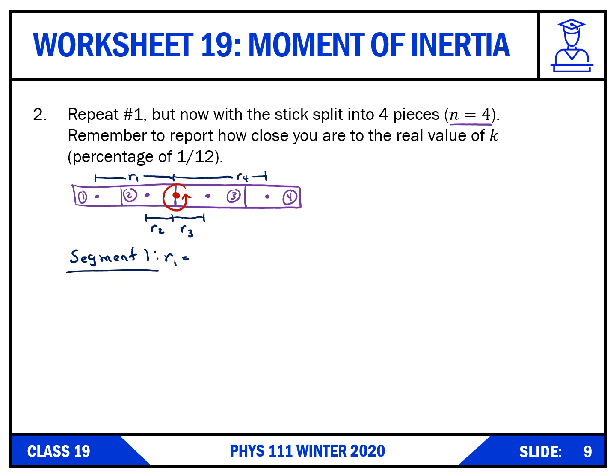So that means R2 from here to here is L over 8. So R2 for segment 2.